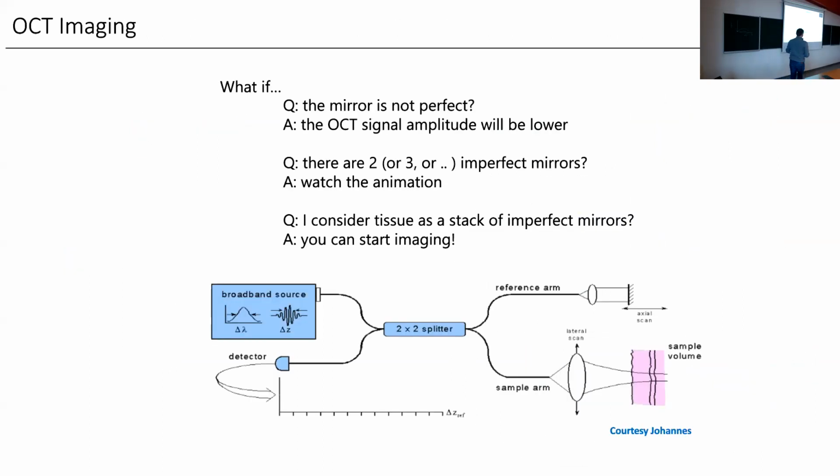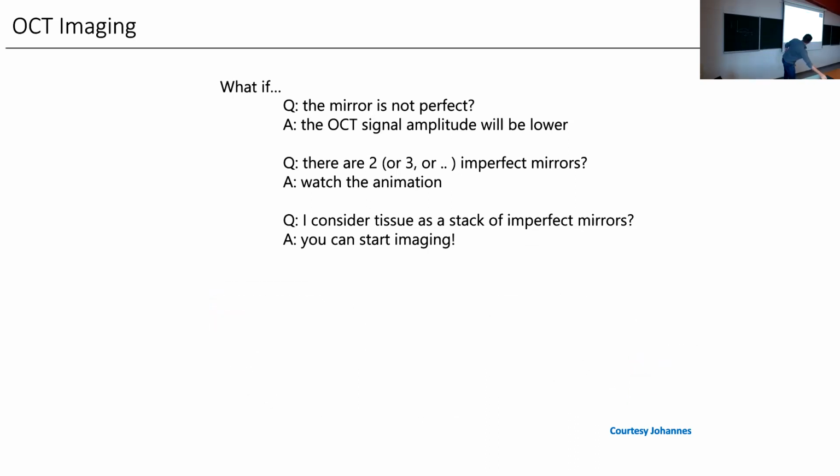So then the steps to imaging are really straightforward. If the mirror is not perfect, the signal will be less in amplitude.